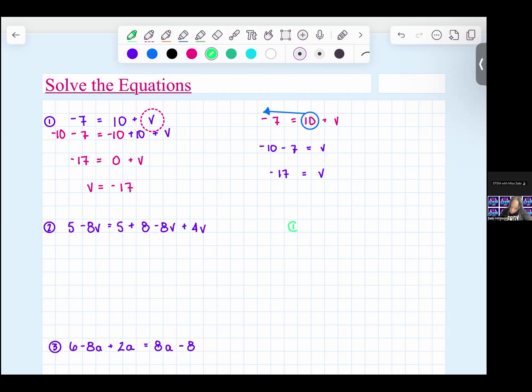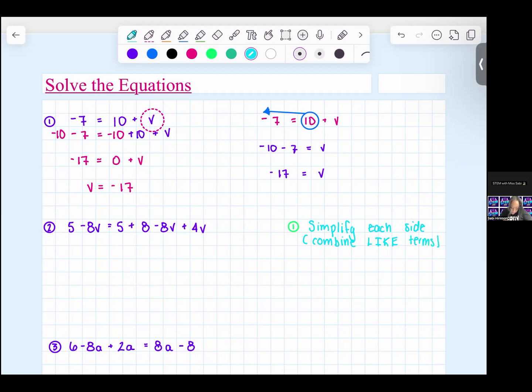So first thing we're going to do is simplify each side as much as possible. So what I mean by this is we're going to combine like terms before we move anything around.